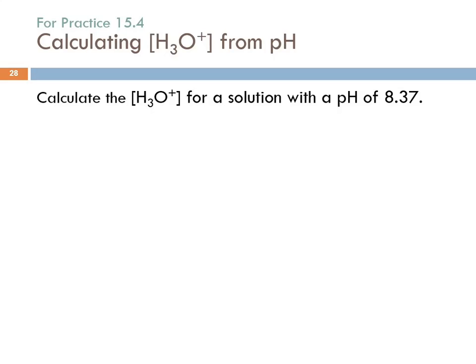Okay, so what about calculating the hydronium ion concentration from the pH? We use the same formula, but we have to rearrange it. pH equals negative log of the hydronium ion concentration.